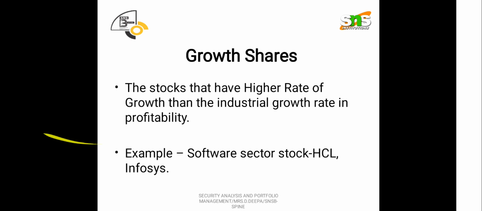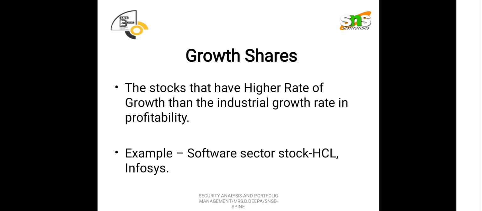Next, growth shares. These kinds of stocks have a high rate of return, and a higher rate of growth in profitability than the industrial growth rate. The very best example of growth shares is software sector stocks.